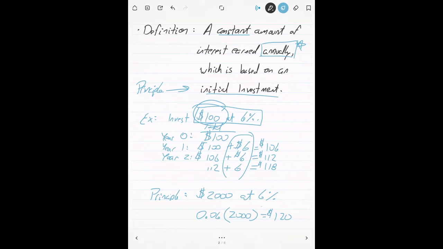Quick side note. Would a bank ever give you 6% for a savings account? Would you ever see a percentage like that? No, that is a ridiculously high number. You would more likely see an interest rate of 0.06%. And that's a percentage.